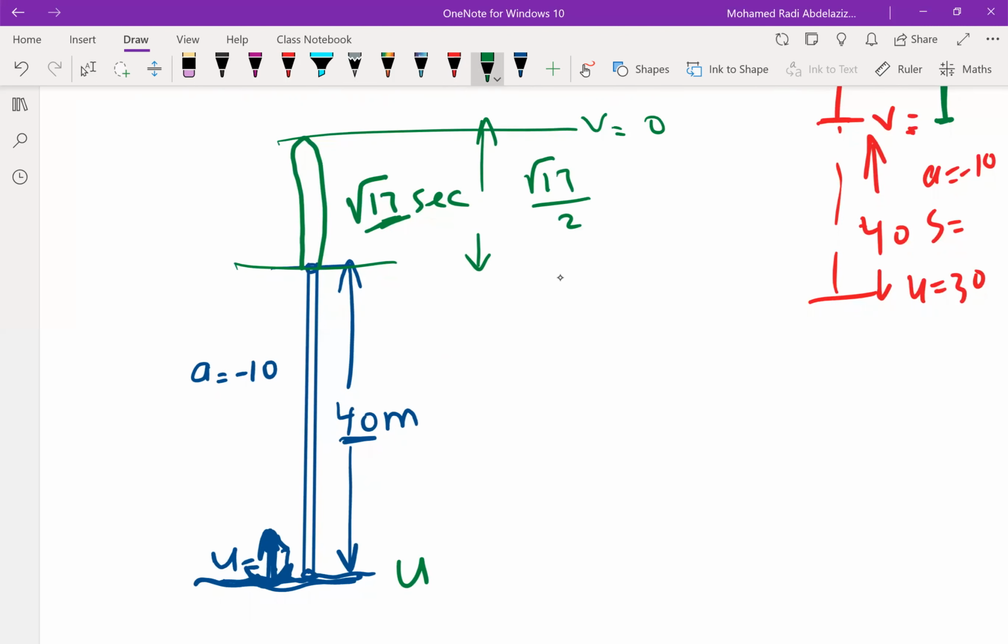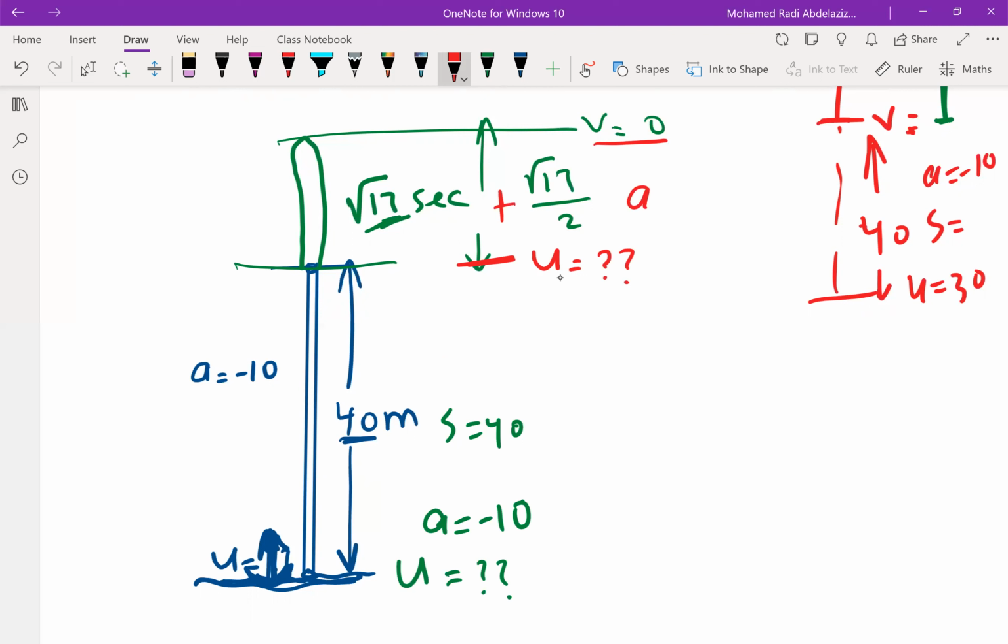The initial velocity is not given, acceleration is -10, and displacement is equal to 40. Now look at this part. The initial velocity in this part is not given, but the final velocity, the time, and the acceleration, -10, are given. So you can find the initial velocity here and use it as the final velocity for the part below.